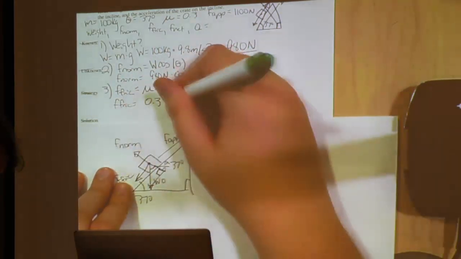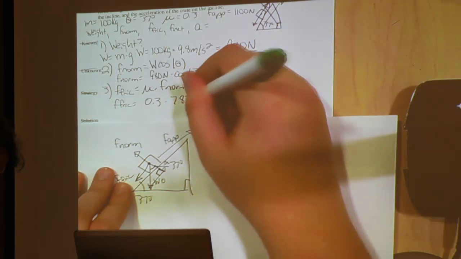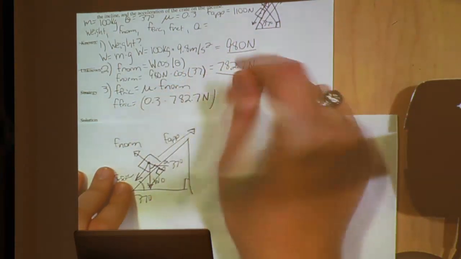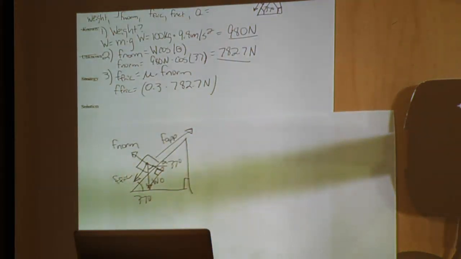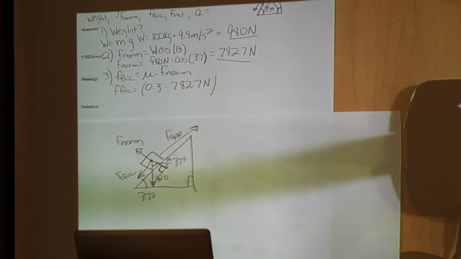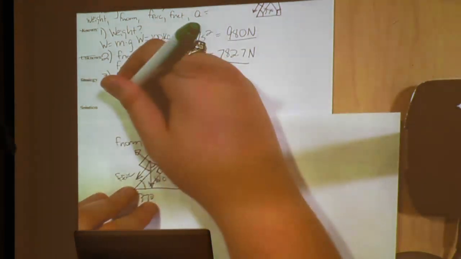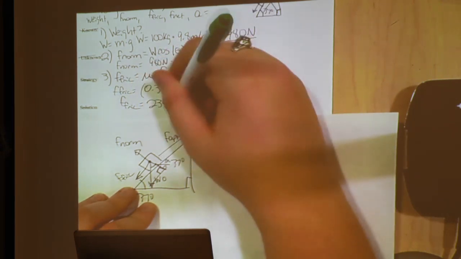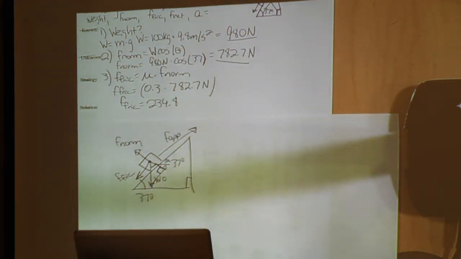This is our weight, times 782.7 newtons. My bad. All right, so what did you guys get? Good, awesome. So force of friction equals 234.8. Anybody get anything different?